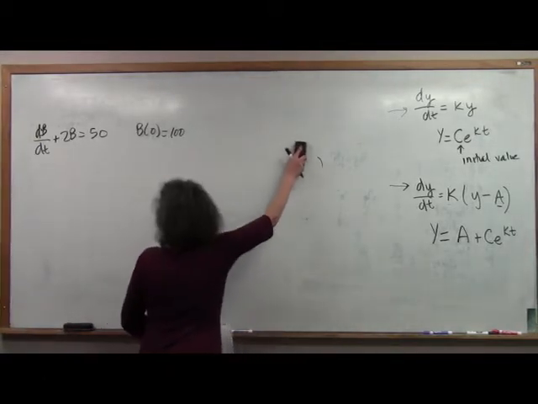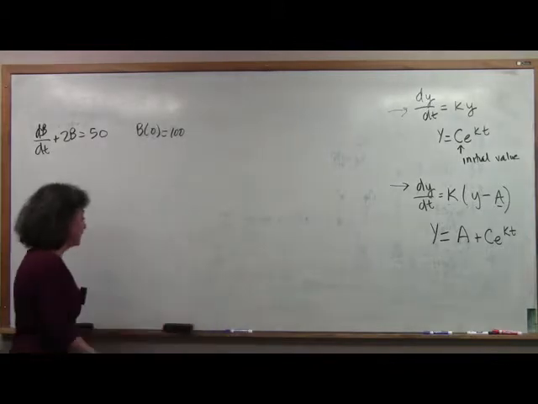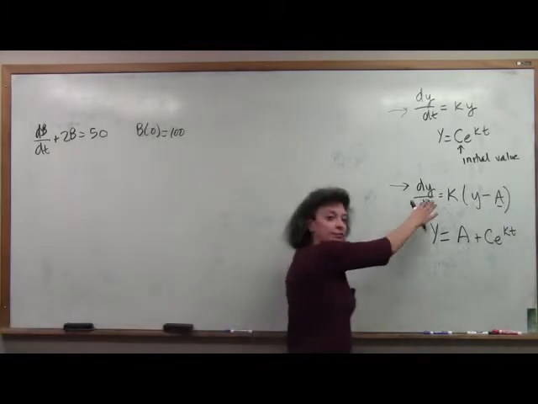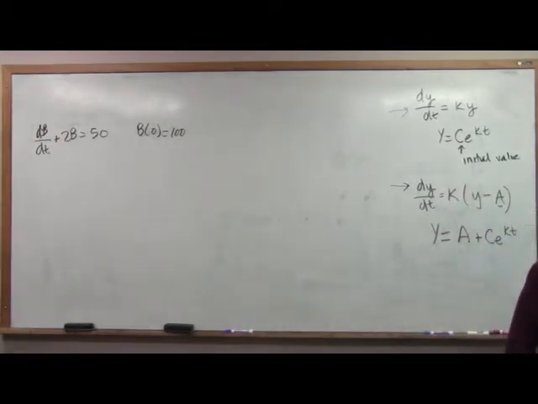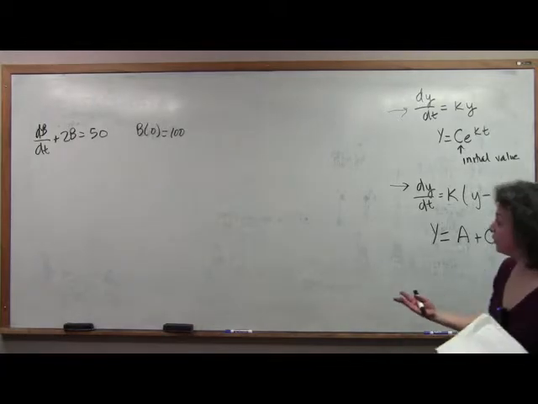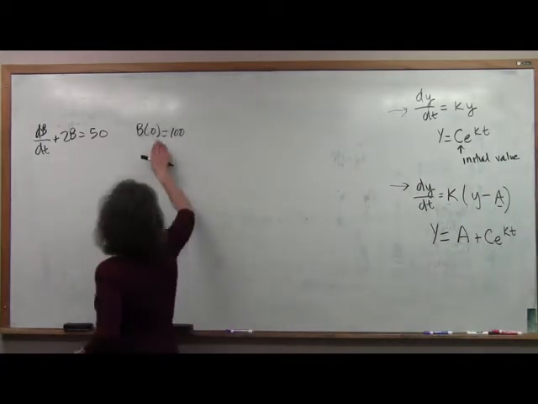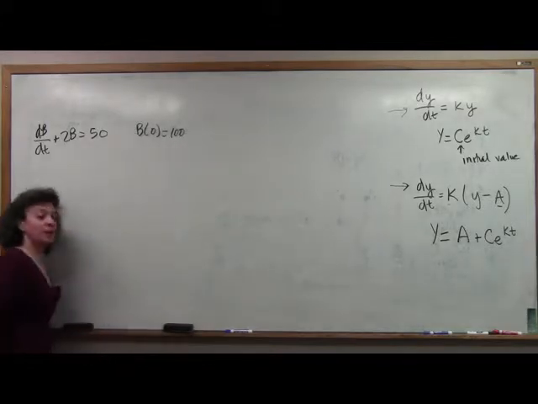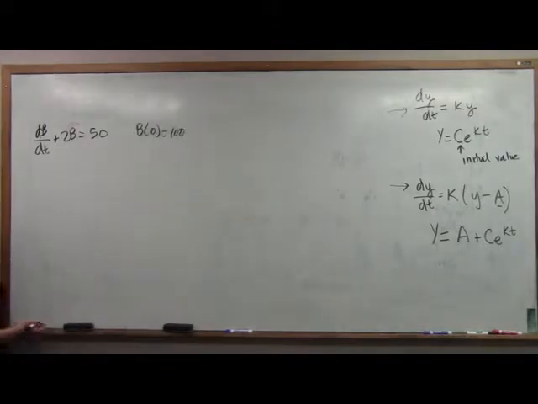So the first thing that we're going to do is get this differential equation in a form where we can write the solution. And this one is another initial value question. Notice that we're given our initial value here, that when t is equal to 0, b is 100.